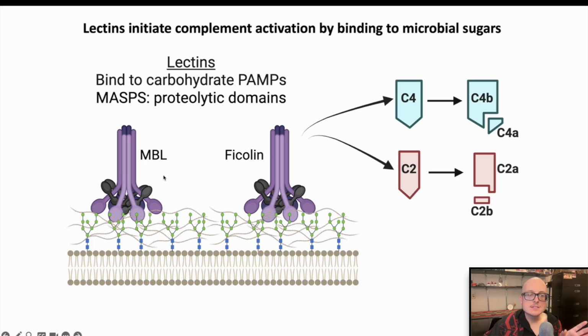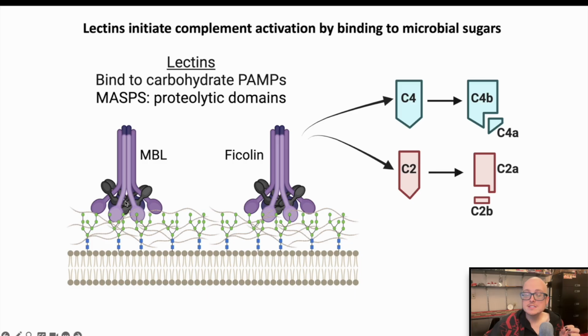And the two lectins that we could most famously associate with the lectin complement pathway are molecules known as MBL, or mannose binding lectin, as well as ficolin. We won't go into detail about exactly what these two molecules bind, although you can tell from the name, mannose binding lectin, that there's mannose involved, which is a type of sugar. But essentially, you can see that they have a very similar structure to C1. They have this upside-down umbrella shape.